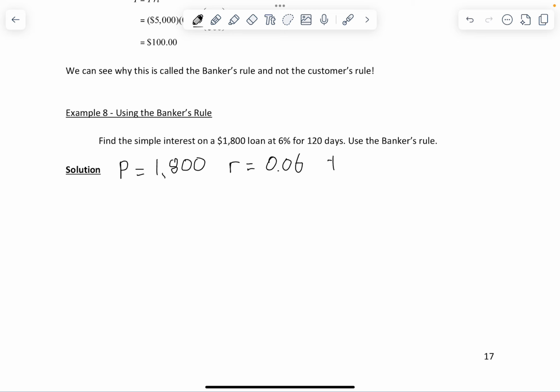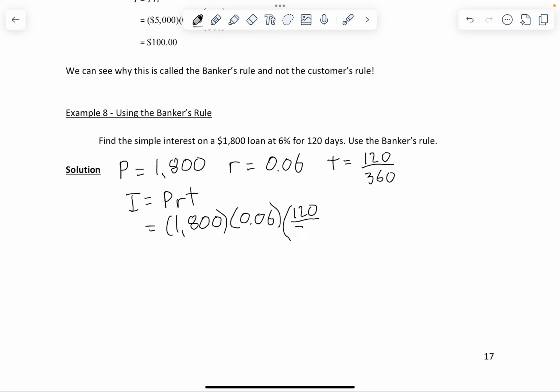And time in years, using the banker's rule, we will take the 120 days and we will divide that by 360. Okay. So if I plug that into the simple interest formula, I would get 1,800 times 0.06 times 120 over 360. And that works out to be $36 of interest.